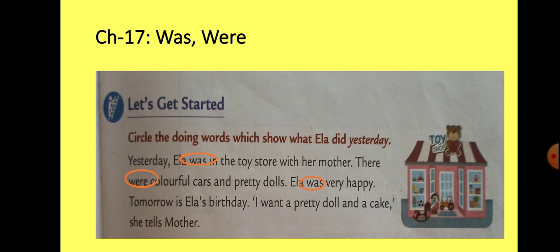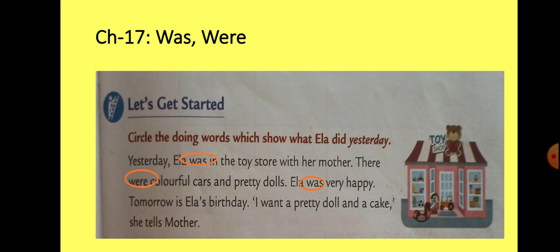Then Ela was very happy. So which word tells us the state of being? Was. So again circle that. Now today is Ela's birthday. Here the helping verb that tells us about the state of being is, but it is talking about the present, so it is not about the past.